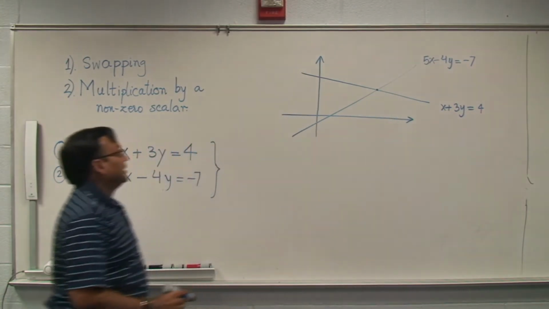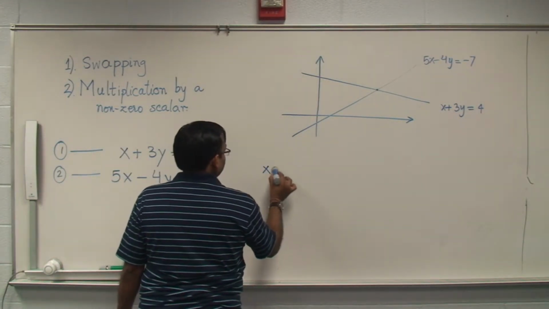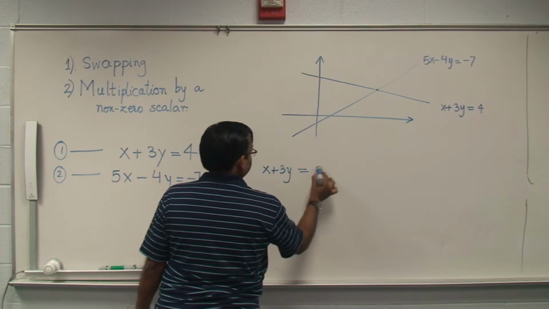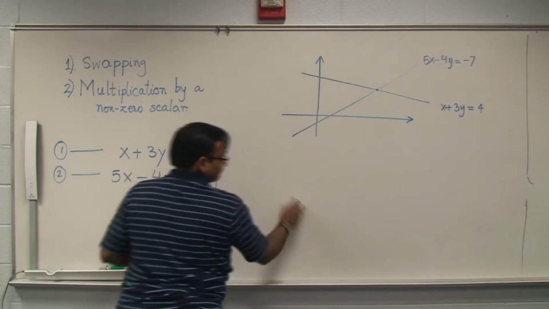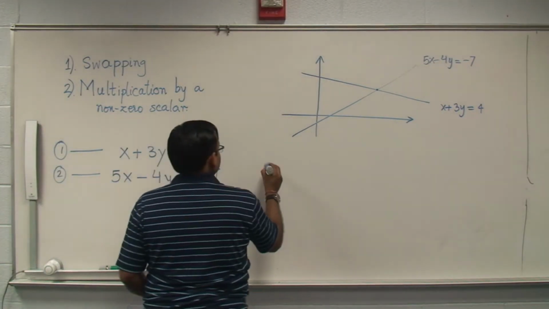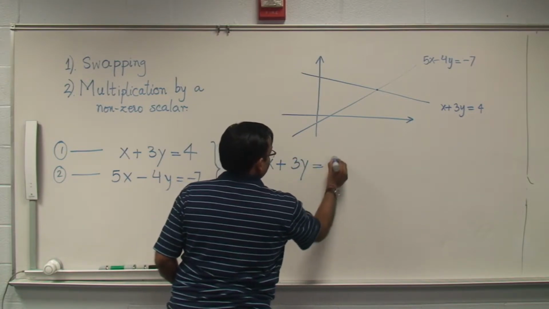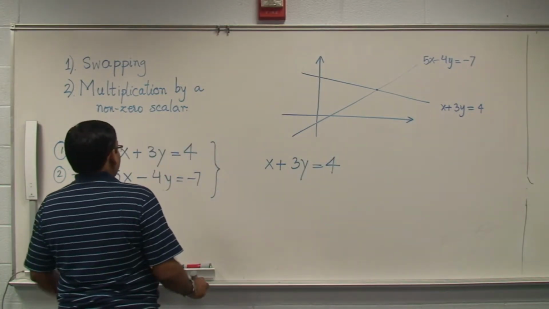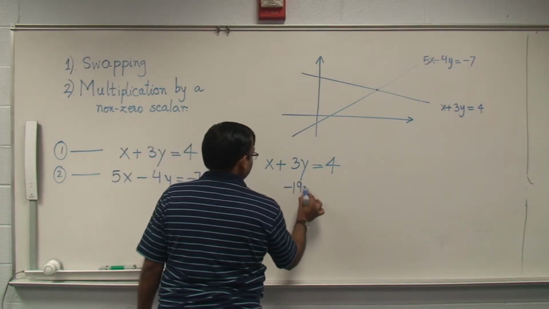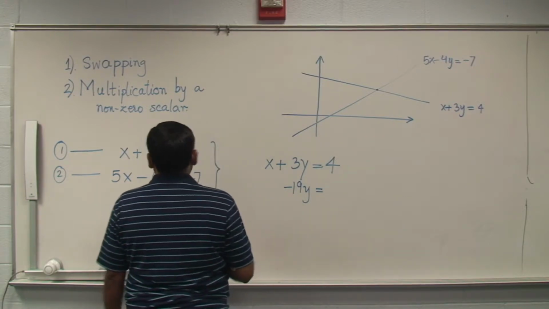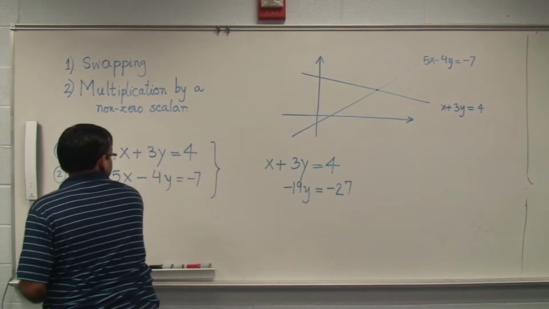But my idea is slightly different. Remember, we had this new system of equations that I got from doing that row operation. x plus 3y is equal to 4. And once I did that row operation, minus 5 times equation 1 added to equation 2, what we got was minus 19y is equal to minus 27.